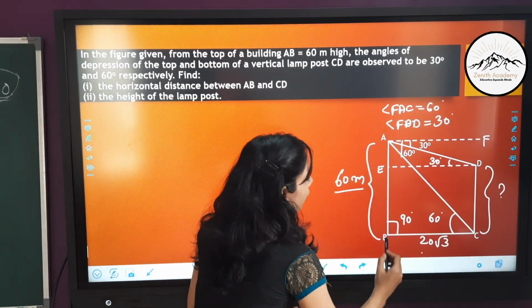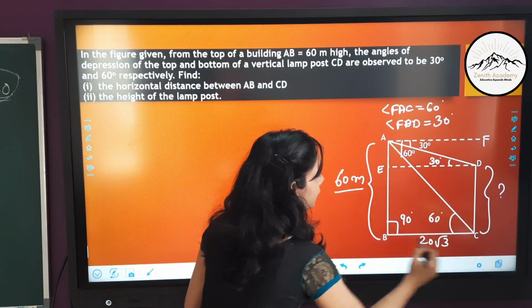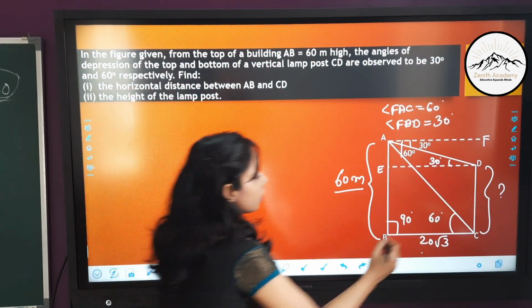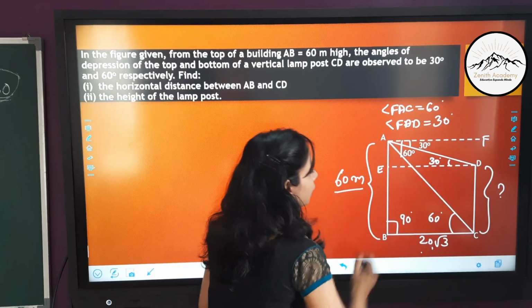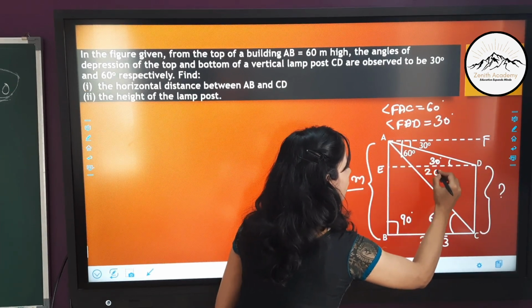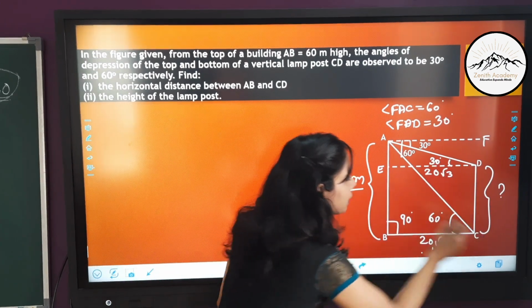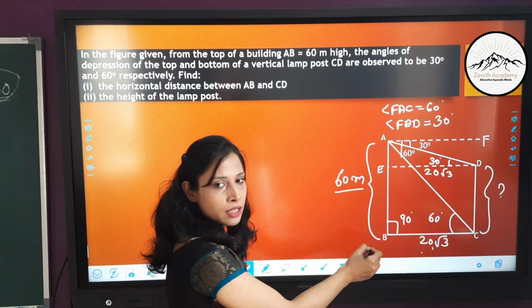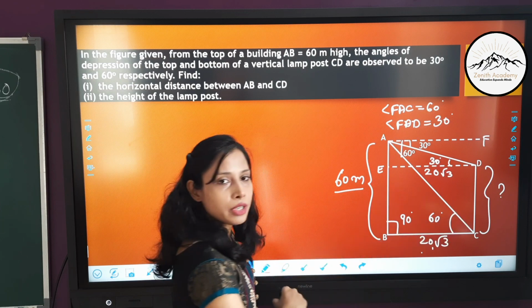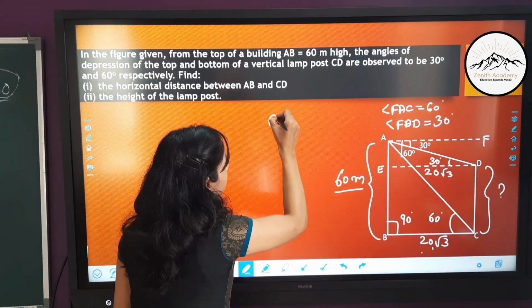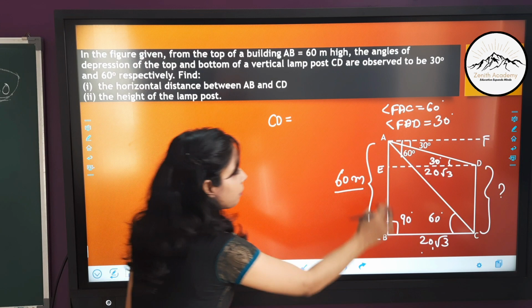Now if I see clearly, EBCD is a rectangle. So if BC is 20 root 3, I can mark DE as 20 root 3 as well. And if I need to find CD, I can find BE. So ultimately we will find out CD. CD will be equal to BE.